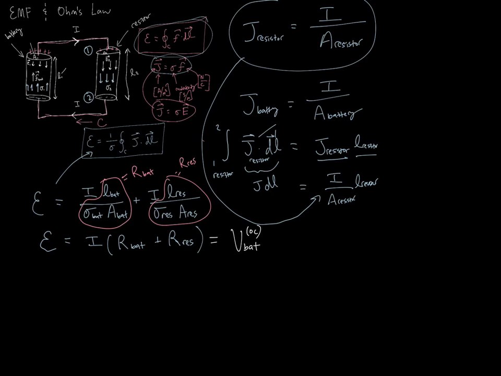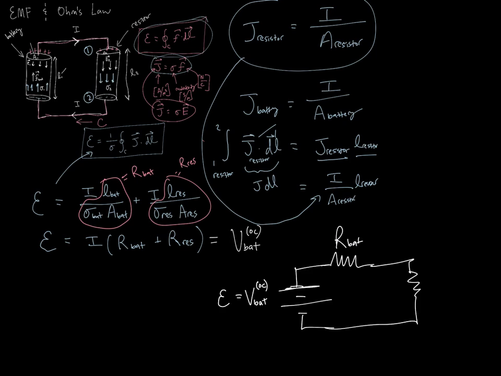So this situation is simply equal to an ideal voltage source, which is the source of our EMF, which we know is the battery voltage when the battery is open circuited. And then this is going to be in series with the internal resistance of the battery. And then this is in series with the resistance of the resistor itself.